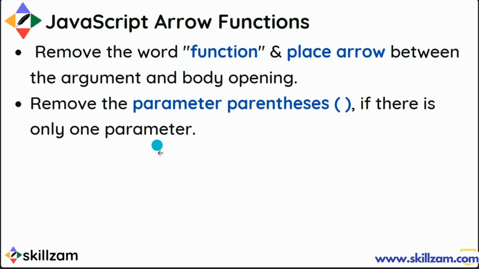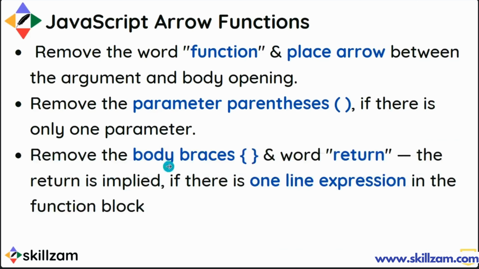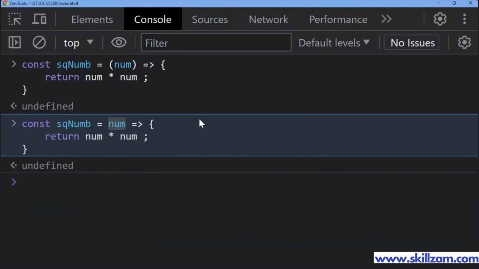And next, remove the body braces and the return keyword if there is only one line of expression. For example, in this case, only one line of code exists in the body of the function. So you don't need the curly brackets and the return.